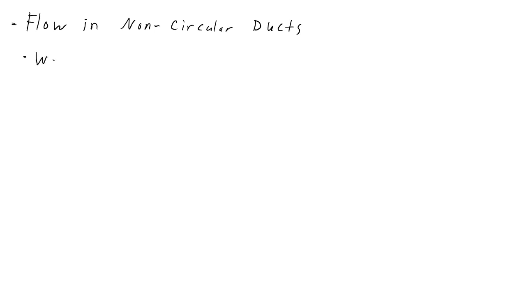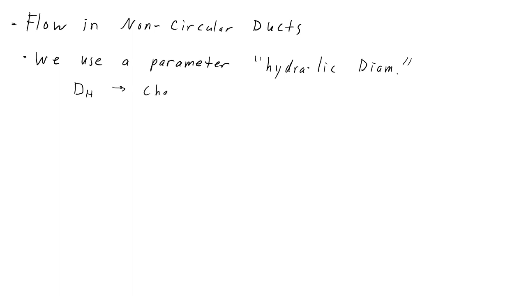We actually use a parameter called the hydraulic diameter, and we use the symbol D sub H. This is useful to characterize losses in non-circular ducts.